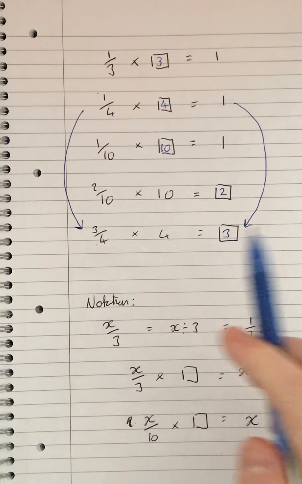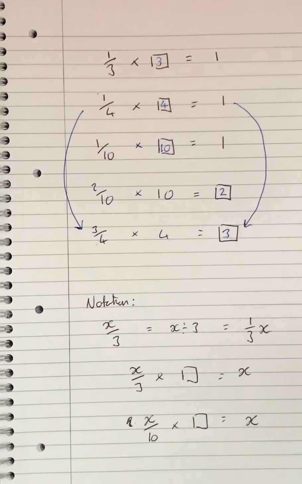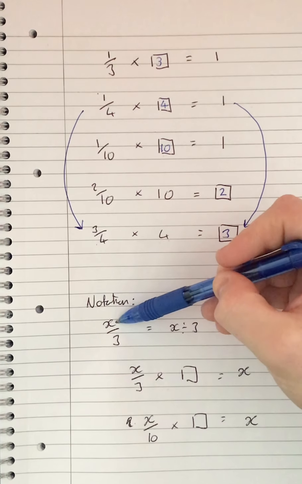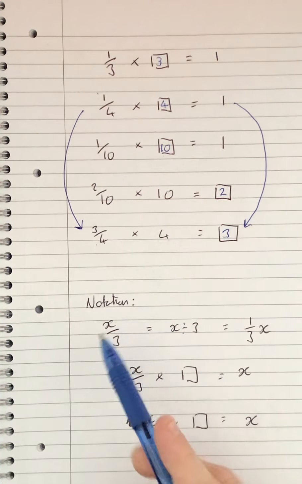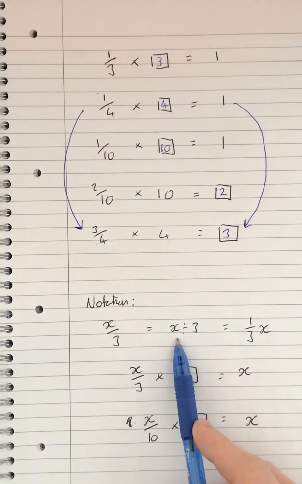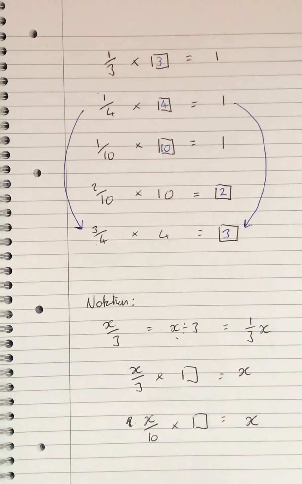So the next thing we need to look at is notation. x over 3 means you've got x shared into 3 equal parts, which is the same as saying x divided by 3.